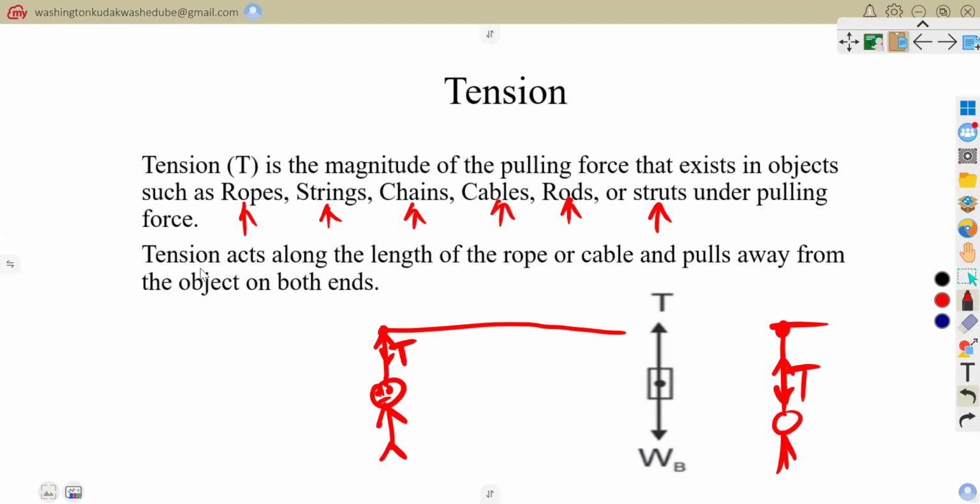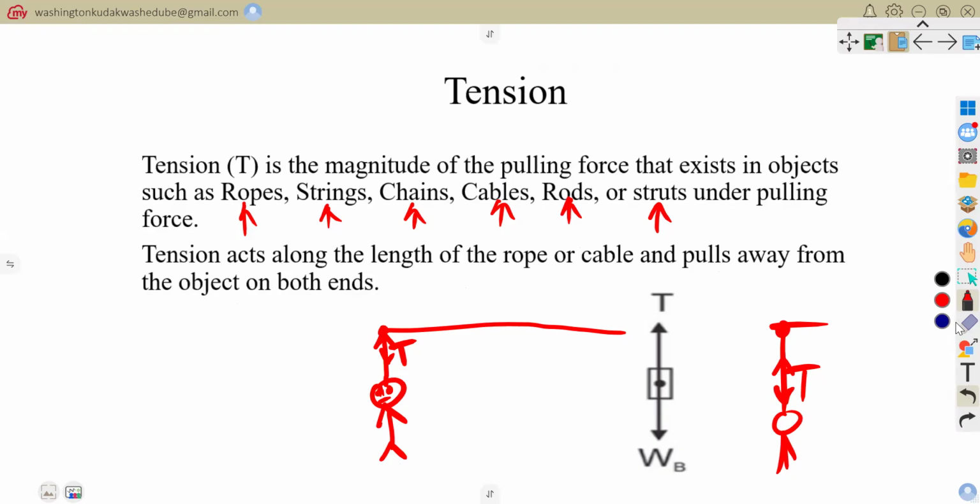So we say that the tensional force acts along the length of the rope or cable, and it pulls away from the object on both ends. So you can see that you can represent this tensional force with these two arrows.